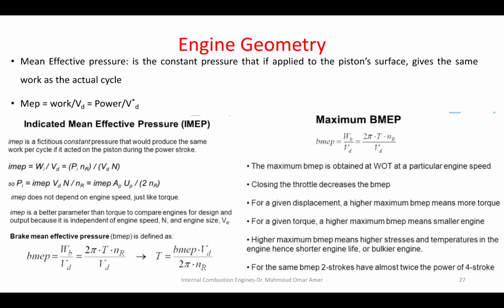Didn't we say that indicated power equals friction power plus brake power? If we divide all these powers by V dot D, you get that indicated mean effective pressure equals brake mean effective pressure plus friction mean effective pressure, which is written here.